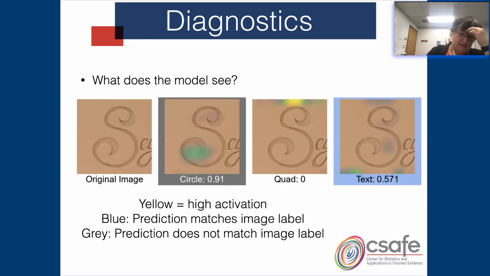Here we've got a diagnostic. It is marked as text. And we can see the S shape. The model is quite certain that this is a circle, and it finds the spiral shape of the S as the attraction. For the text, it's not completely clear what the model is focusing on.